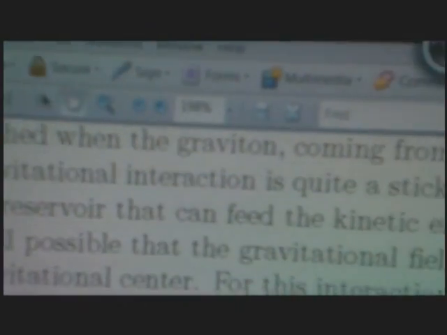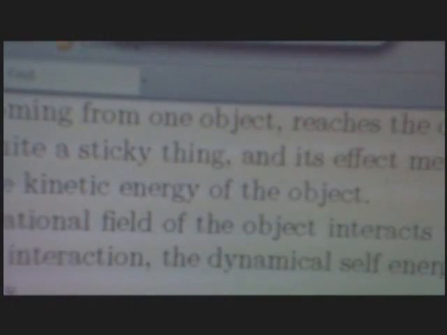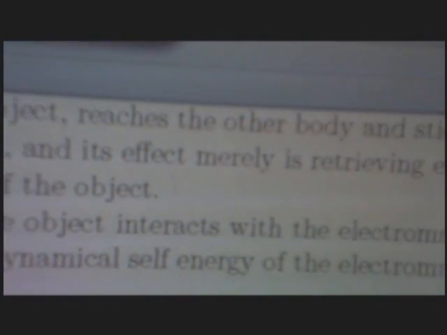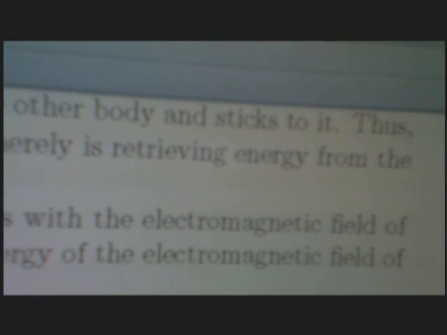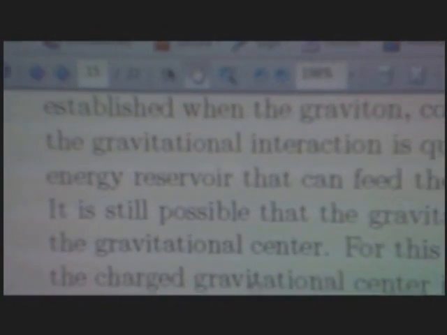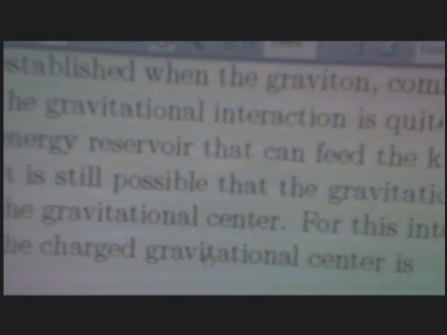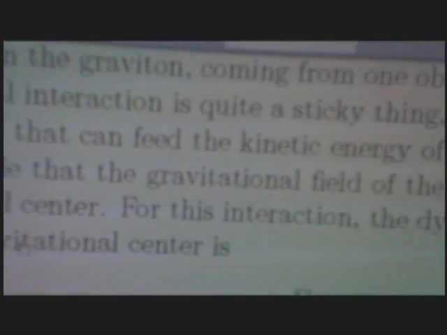Thus, the gravitational interaction is quite a sticky thing, and its effect merely is retrieving energy from the energy reservoir that can feed the kinetic energy of the object.